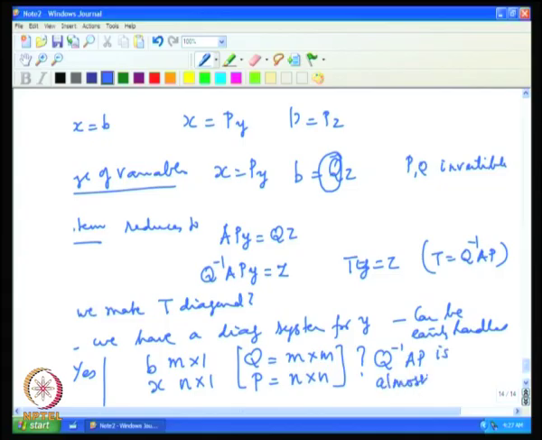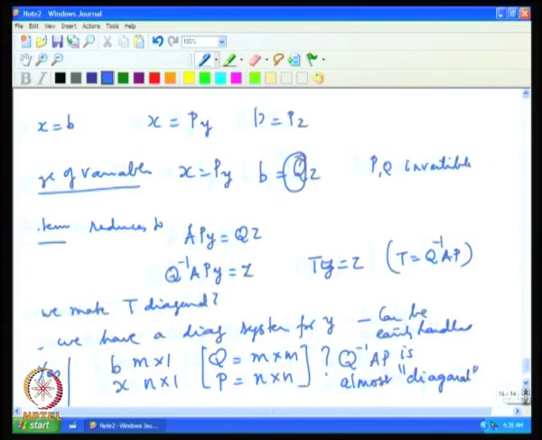We can't ask that, because now since A is rectangular, Q is m by m, P is n by n, the resultant will be an m by n matrix. We can't talk about diagonalizability of a rectangular matrix, we would like to ask something like almost diagonal. The idea of what this almost diagonal means leads to the notion of singular value decomposition.